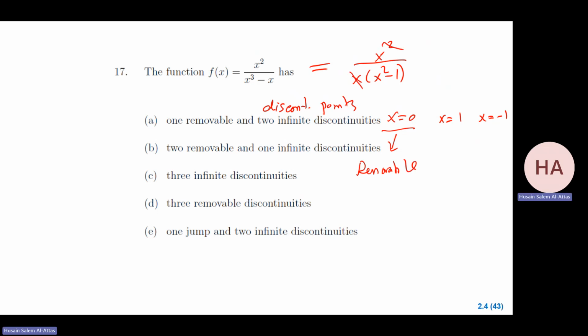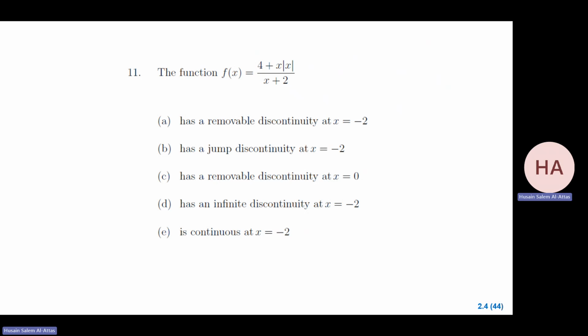I'm getting a number which is 0, actually, which is okay, removable. But these two will be not removable because at x equal 1, I have non-zero over 0, and the same thing at x equal minus 1. So you have two non-removable and one removable. We call it infinite since it goes to infinity.